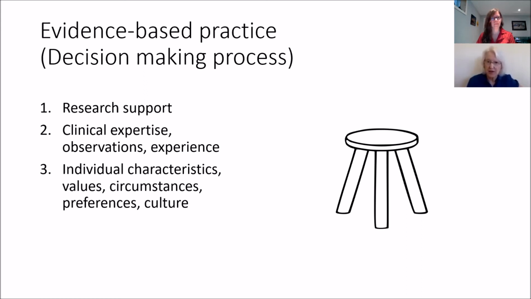What are their values, their circumstances? And this is particularly important in autism because every child is different and every family is different. So this is just to start by putting the research that we're going to be talking about in the perspective of an evidence-based process.